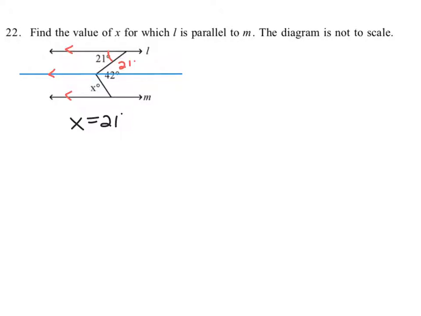Because the whole angle is 42, that means 21 degrees is up top, right here, and another 21 degrees is left for right there. And if this line is parallel to this, then these are alternate interior angles. If this one's 21, this one's 21 as well. That's where we get that from.